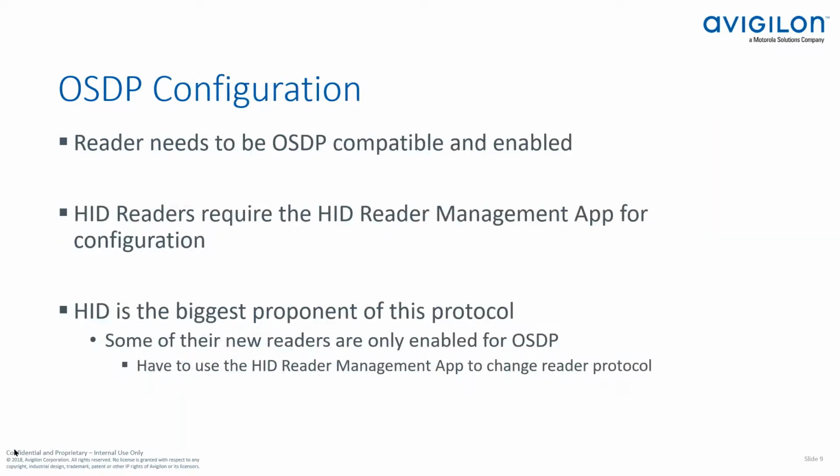Okay. A couple more things in here. The reader needs to be OSDP compatible. There are readers out there today that are compatible with that. HID provides a reader management app that allows you to configure that reader, so you can go and modify a couple of things.